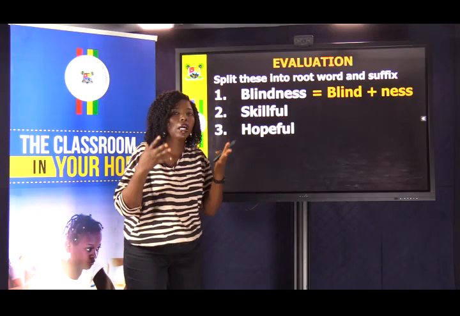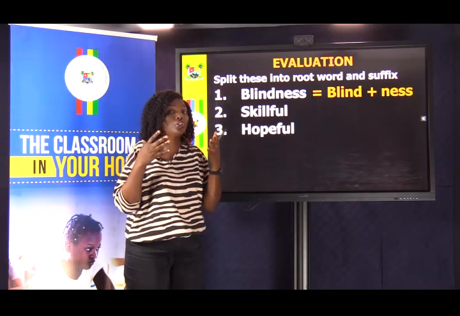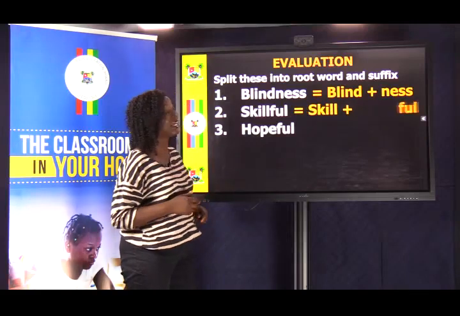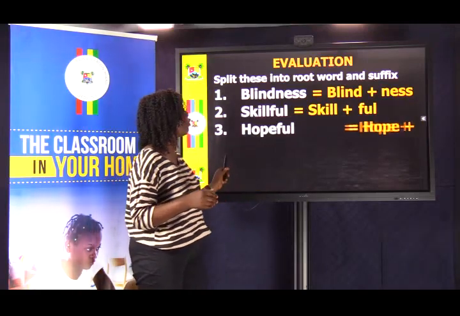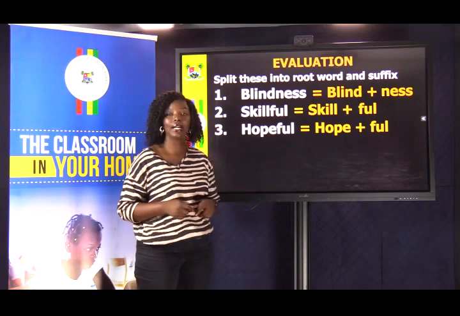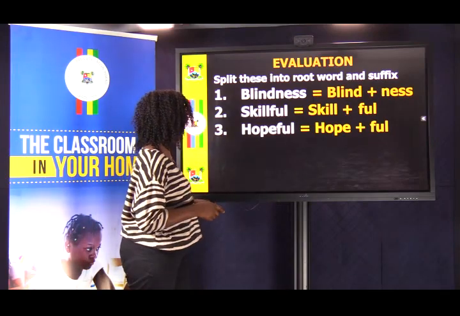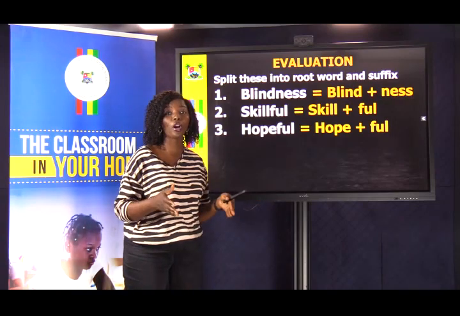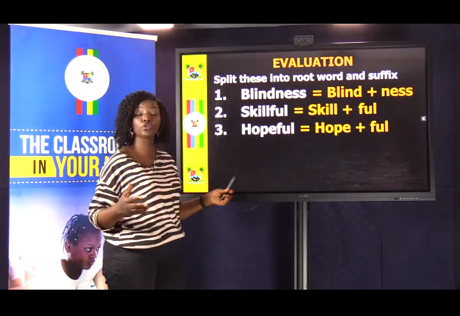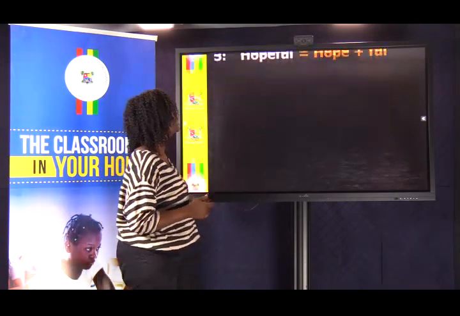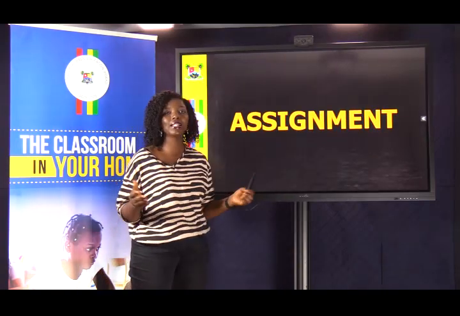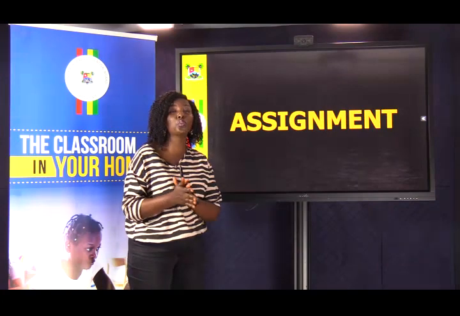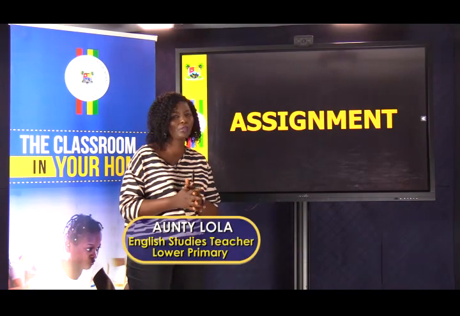Of course, from the way we pronounce it, we should have gotten it readily that skill is the root word and full is the suffix. And the third one is just right on the board, hope plus full, hope root word and full suffix. That is how far we can go on that. And for attempting that work, you deserve to be celebrated.